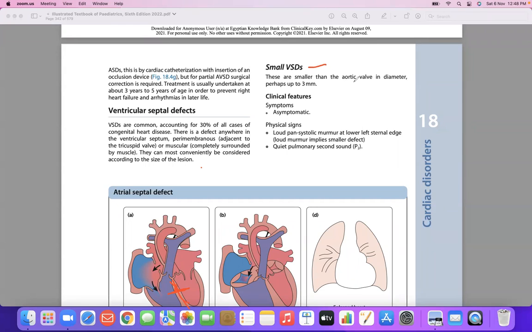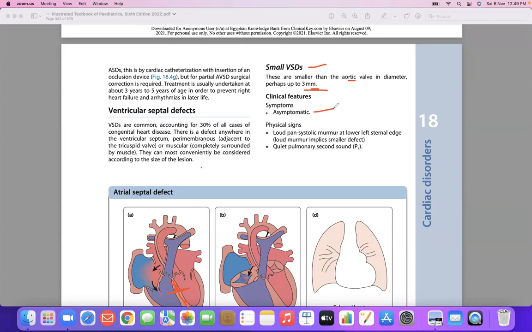These are smaller than the aortic valve in diameter, perhaps 3 millimeters, even smaller than the aortic valve.